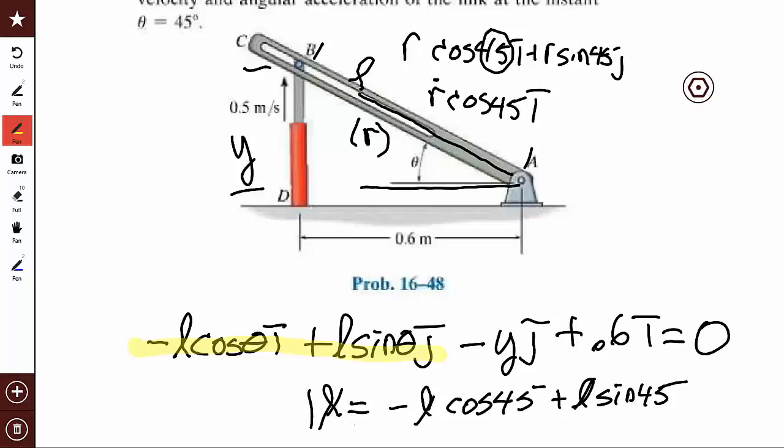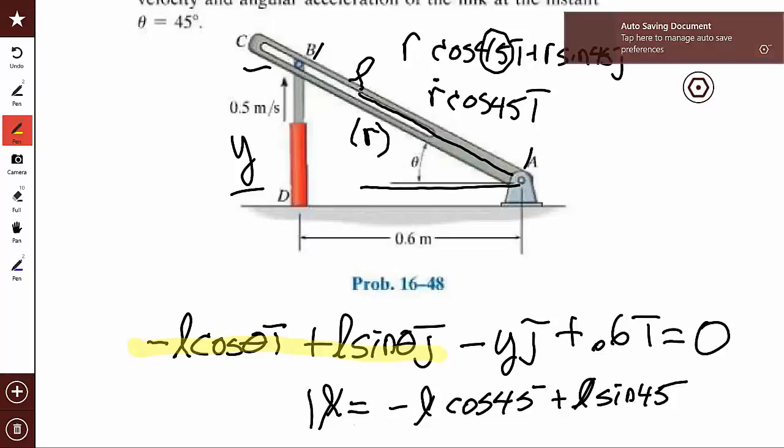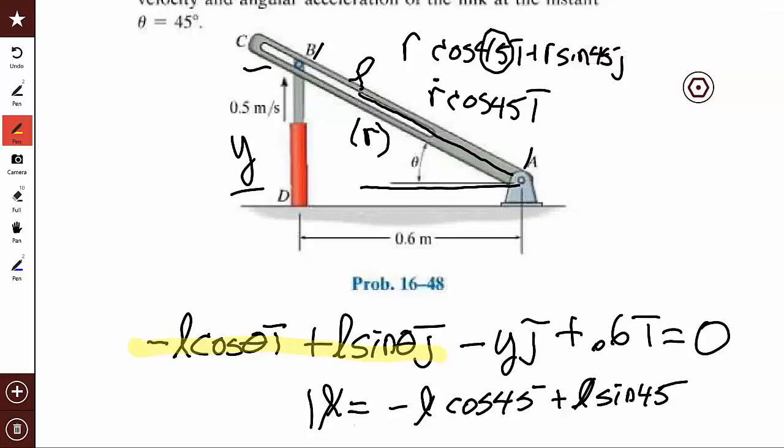Where are you going to get your other equation? Okay, where? What are you going to say? I assume you're looking at the triangle, correct? Yeah. So where are you going to get your other equation? Y squared plus B squared. That will work. You could also say L cosine theta equals what? 0.6.